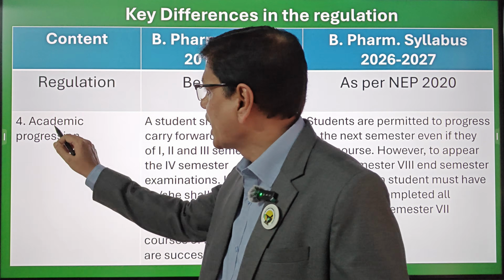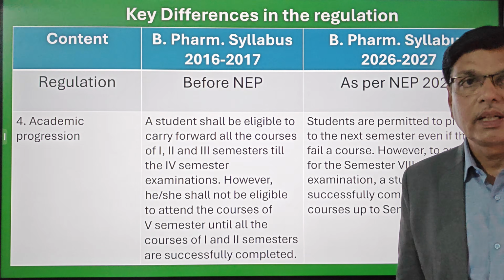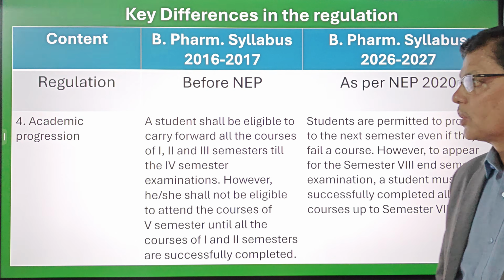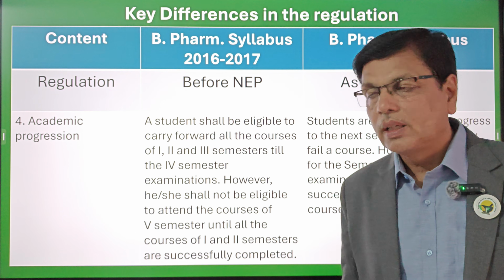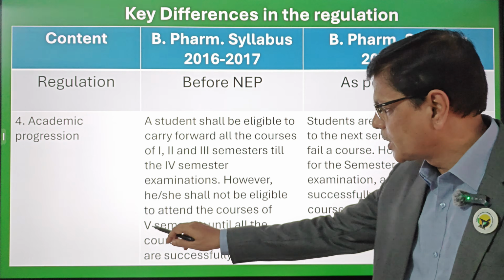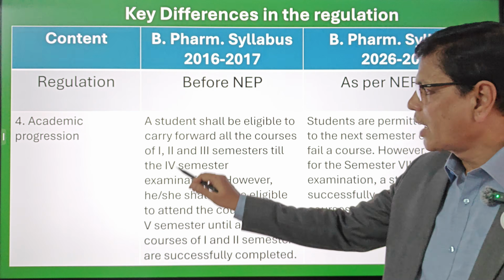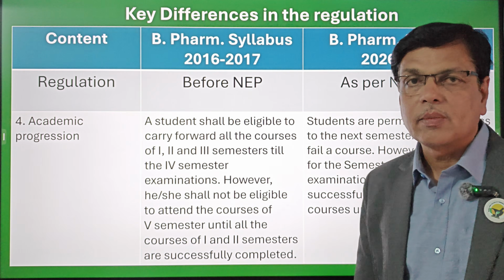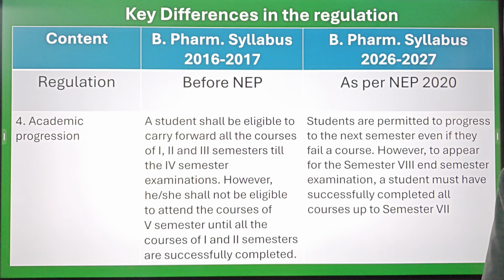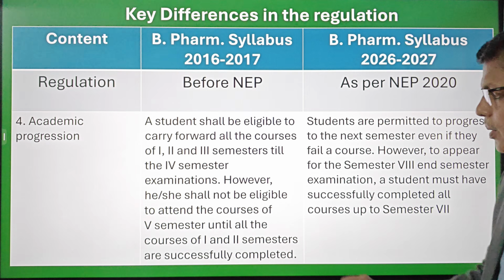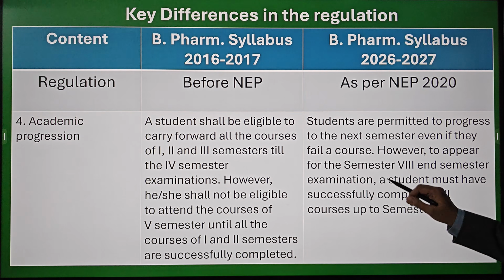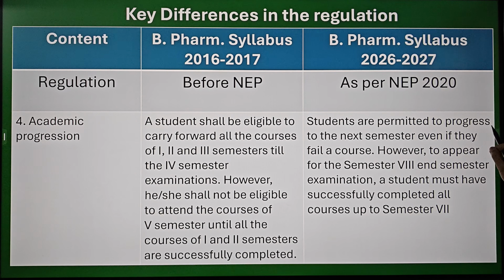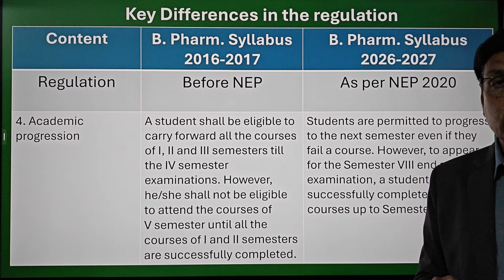Number 4, academic progression. Very important to have knowledge about academic progression. What we used to have in 16-17: to appear for the 5th semester examination, one should have cleared all the courses of the first and second semester examinations. Whereas in this NEP 2020 syllabus, it is said that students are permitted to progress to the next semester even if they fail a course.